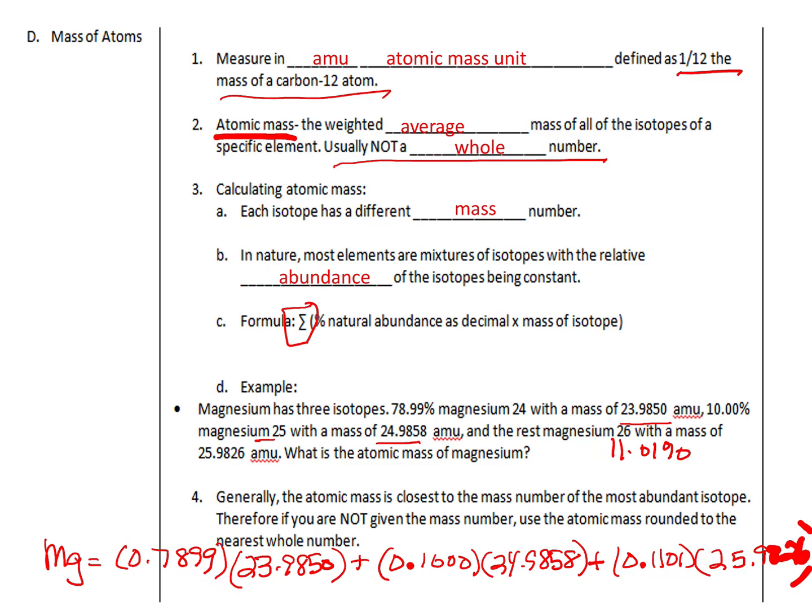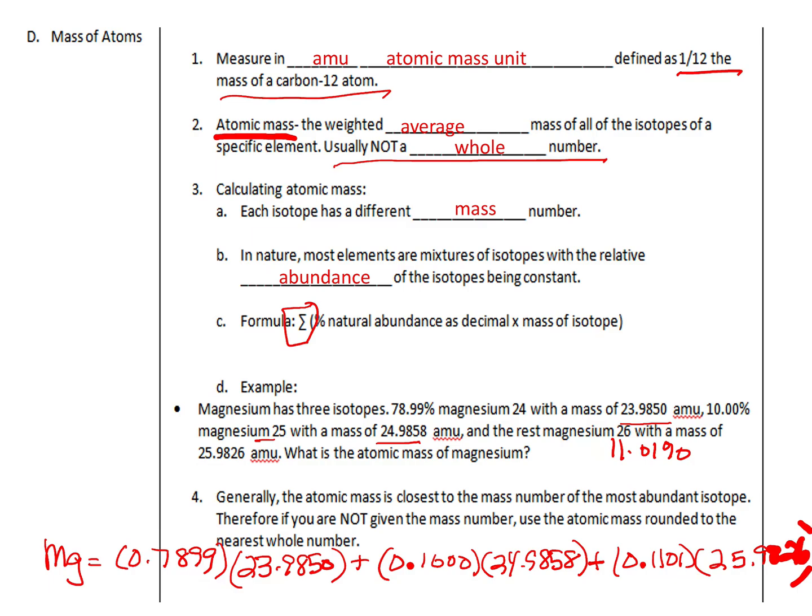Close the parentheses. I'm going to press enter, plus then parentheses again, 0.1101 times 25 point, I can't read my writing, so I'll look back up at the problem, 9826. I'll close the parentheses, I'll press enter.